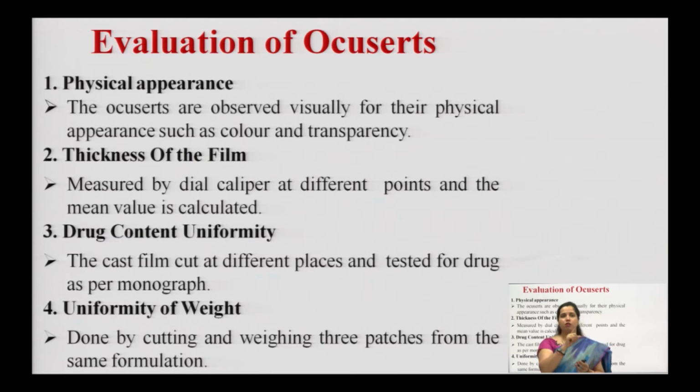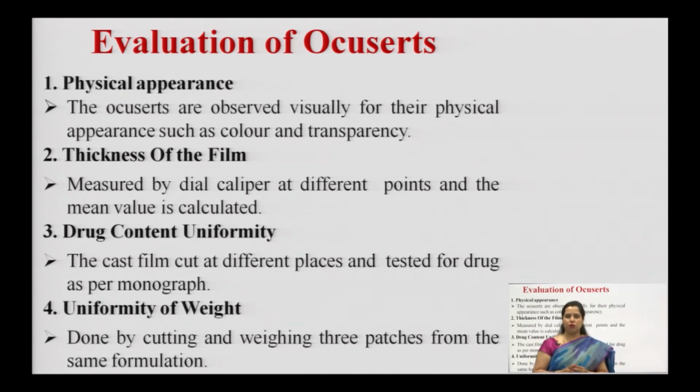You see that we are cutting parts from different places in the particular ocusert. We need to check all the parts for drug content uniformity, that every part of the ocusert has the same content of drug or not. So, it is another important parameter to check.